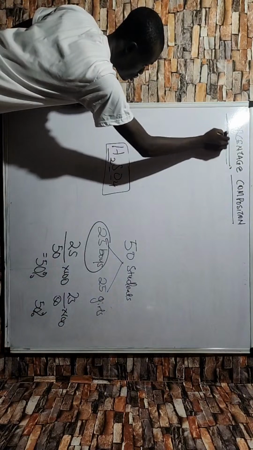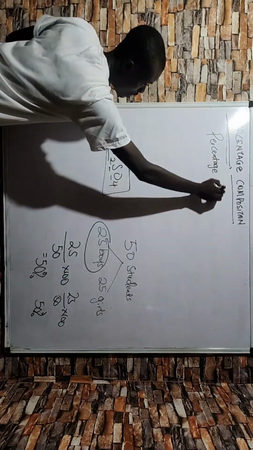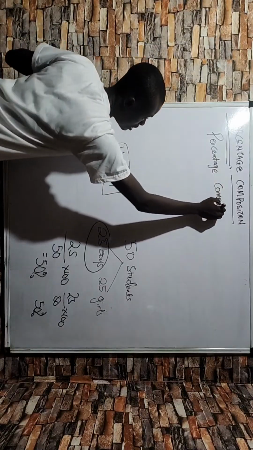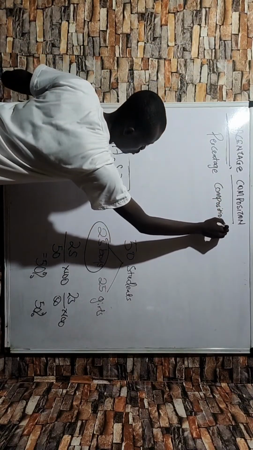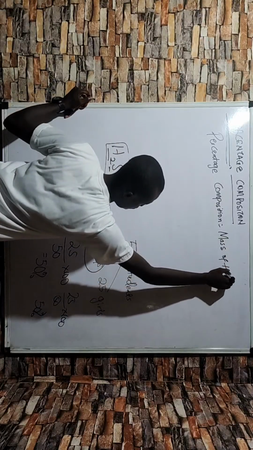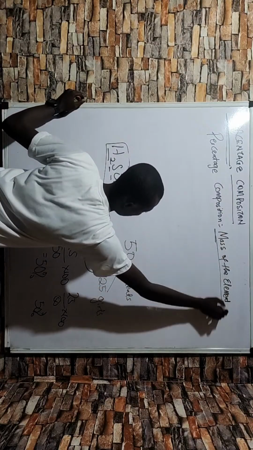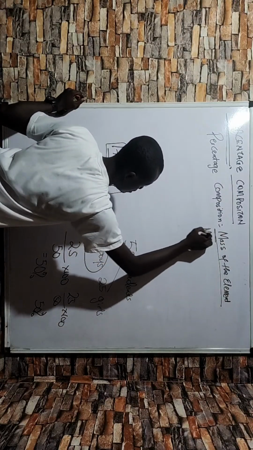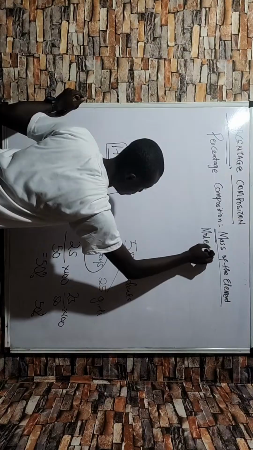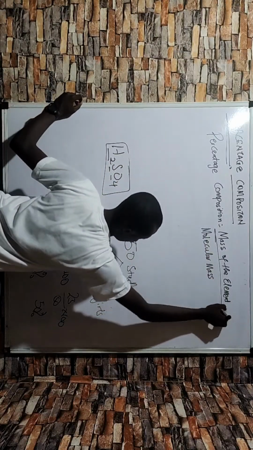So for percentage composition, this is the formula. Percentage composition is equal to the mass of the element over the molecular mass, times 100.